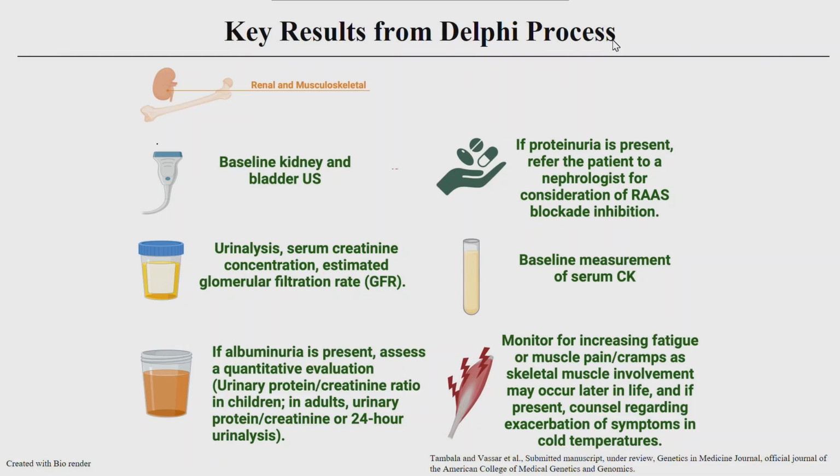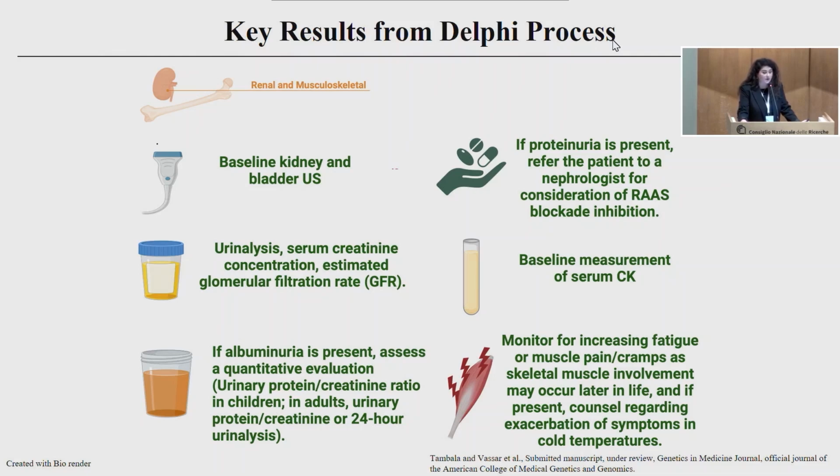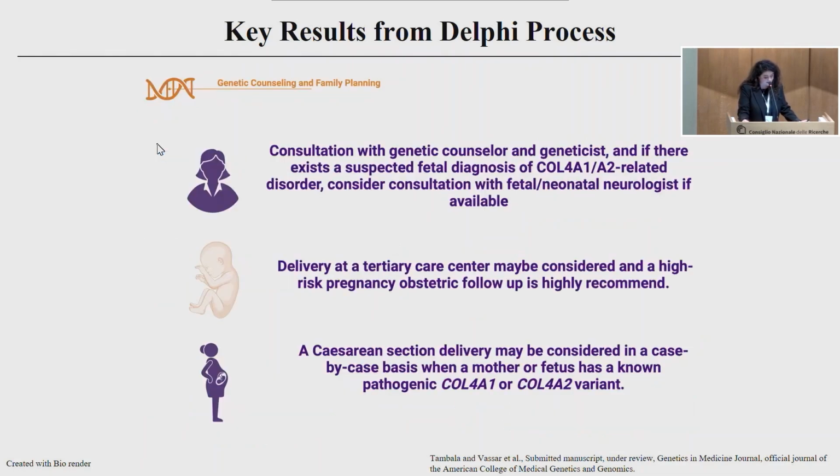In cases of albuminuria, it is advised to assess and quantitatively evaluate the patients, and in cases of proteinuria, to refer the patient to a nephrologist and consider RAS blockade or inhibition. Of course, baseline measurement of CK and monitoring for muscle pain, cramps, and skeletal muscle involvement, which are not widely present but are widely known in the HANAC phenotype of this disease.